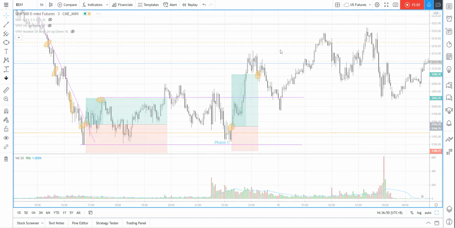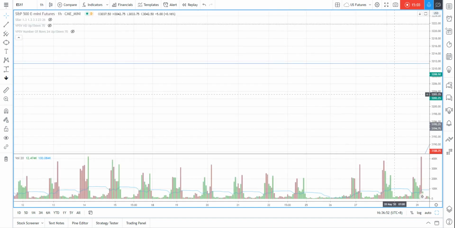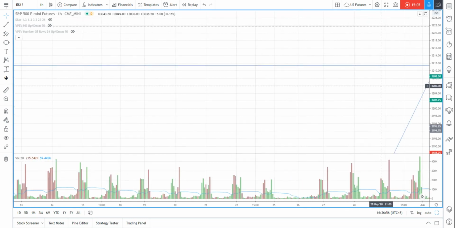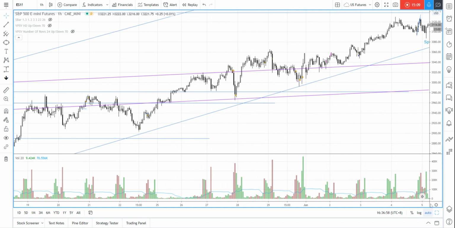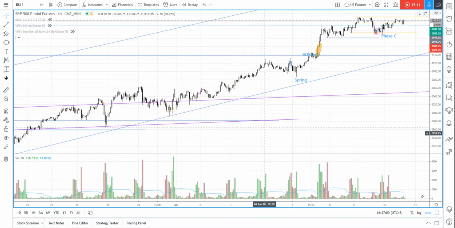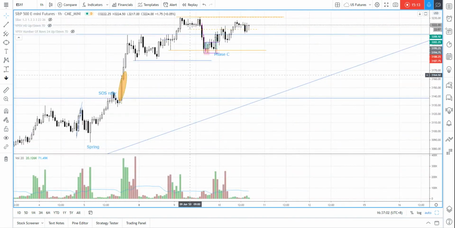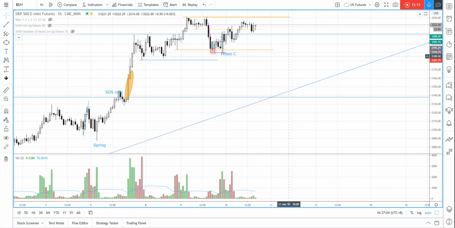All right, let me get down to H1 and talk about what's happening now. So far, I think we are still stuck within the trading range that I talked about, from 3180 to around 3230. Despite we have seen supply absorption happen yesterday, we still need to see the commitment to the upside.